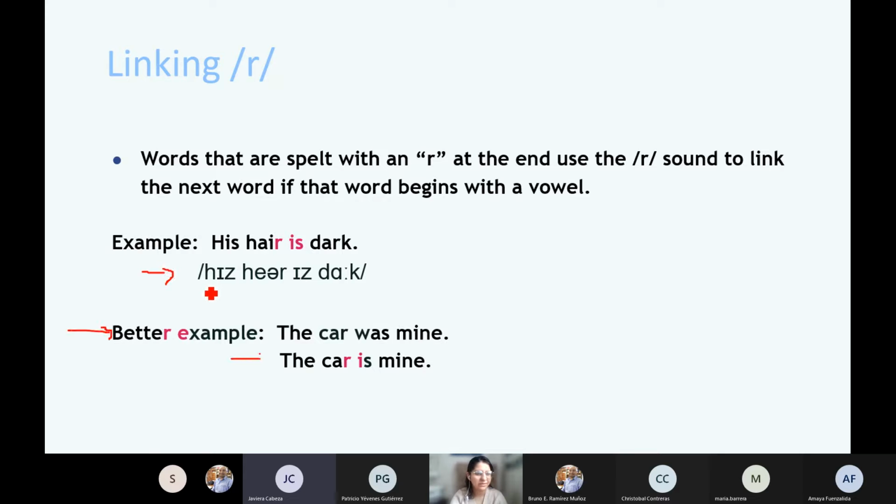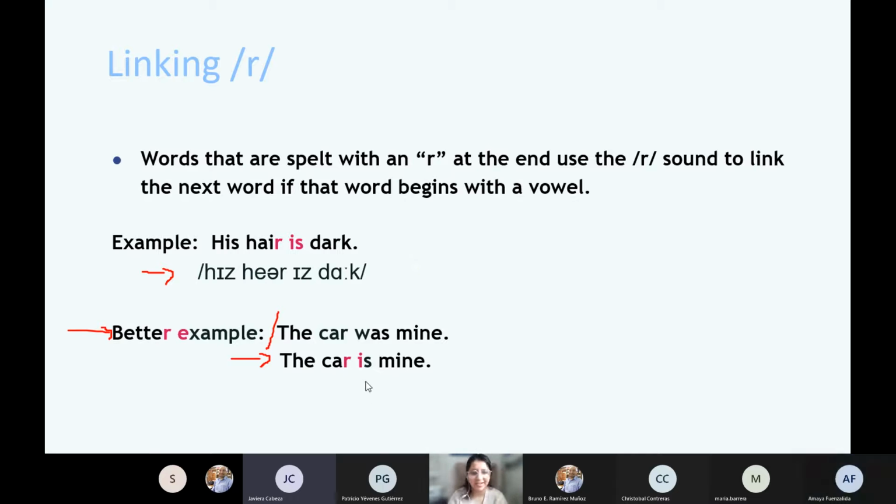His hair is dark. A better example. The car is mine. Thank you very much.